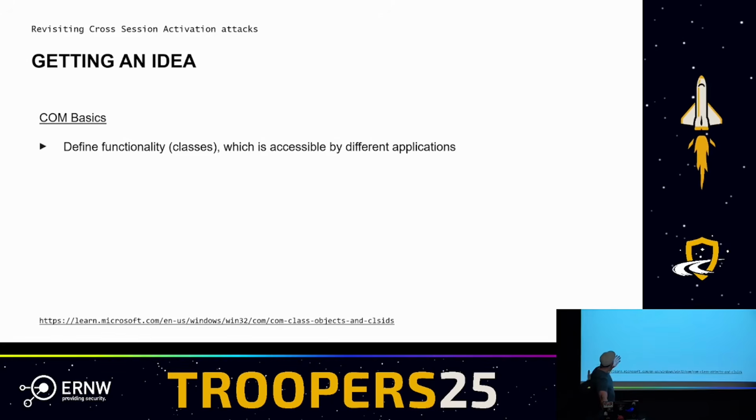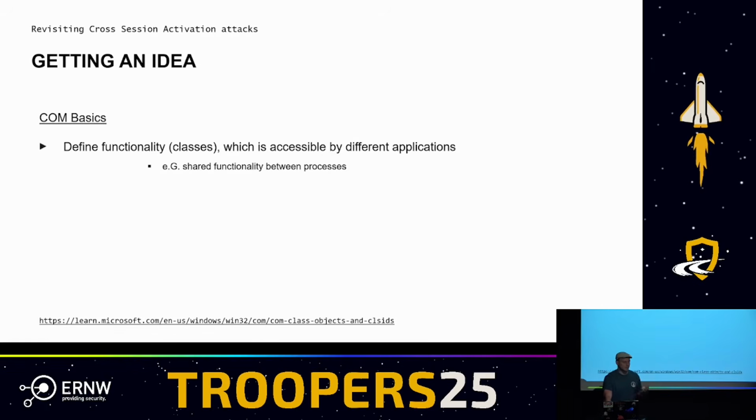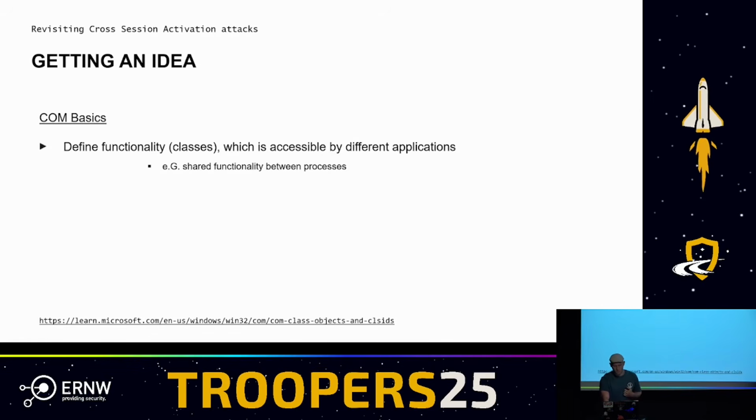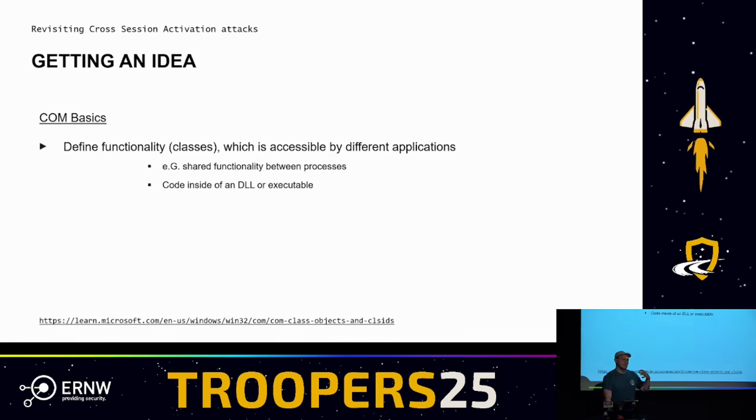With COM, some classes are defined, and these classes are in the very end code and functionality which is available to different applications and different processes on a Windows operating system. This can be shared functionality between different processes, and this code is usually hosted inside a DLL or an executable and can be used by other processes.